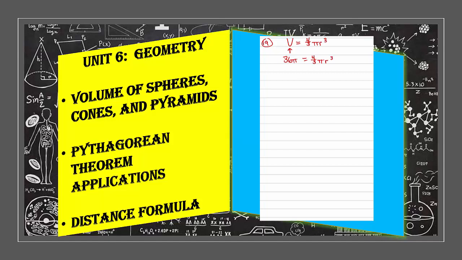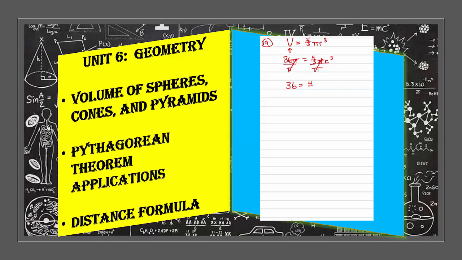Now, first thing I should notice right off the bat is I have pi on both sides of the equation. So if I divide both sides by pi, pi over pi is going to simplify out to 1, and those will both simplify out. Now, as you get more practice with solving equations, you're going to realize that anytime you have the same thing on both sides of the equation, they're going to clear out each other. But you can still show your step as I did.